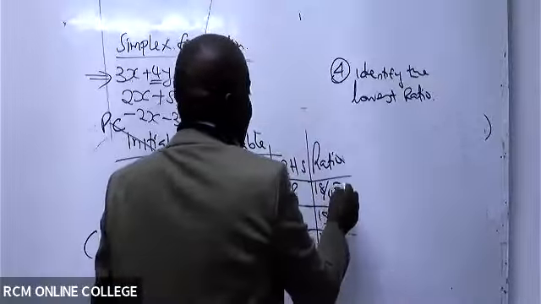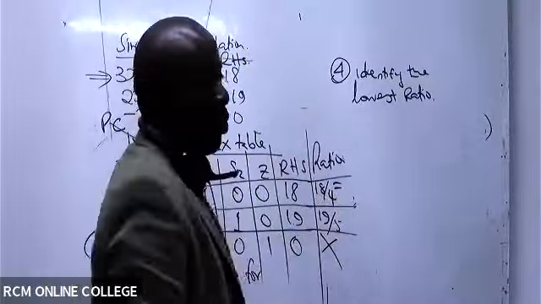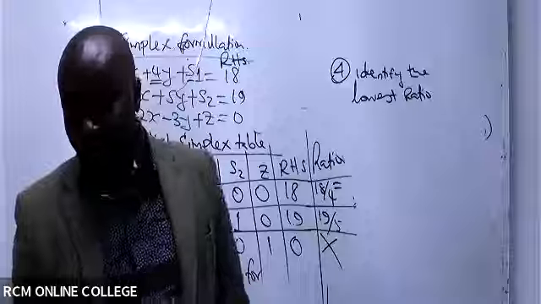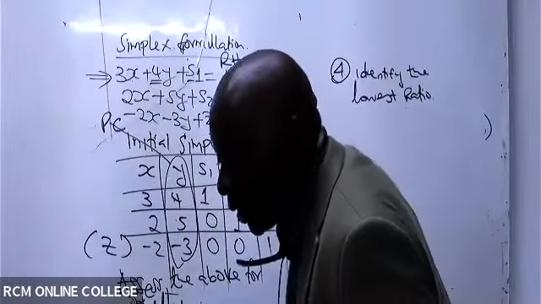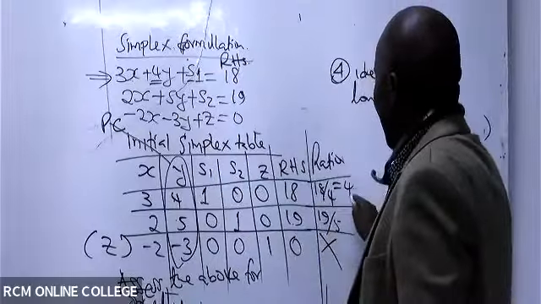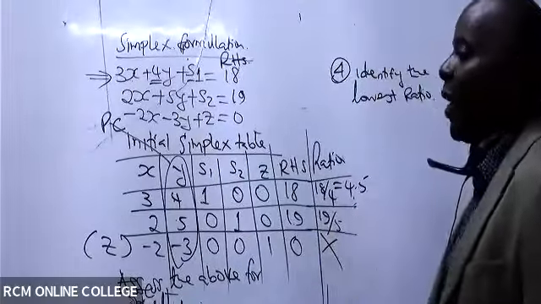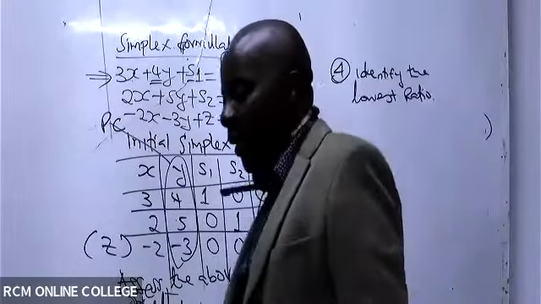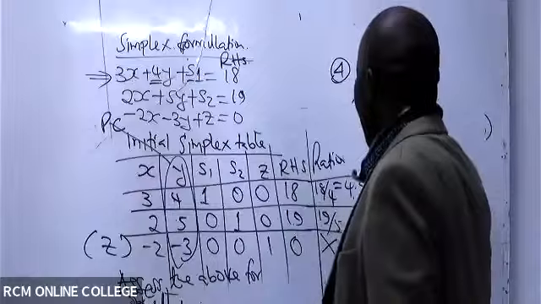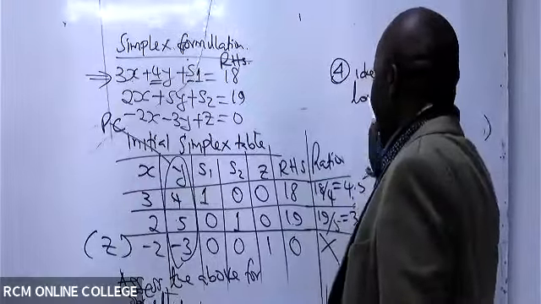So, what is 18 divided by 4? So this is 4.5. How about 19 divided by 5? 3.8. 19 divided by 5 is 3.8.